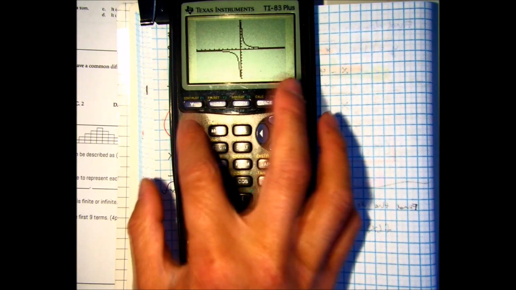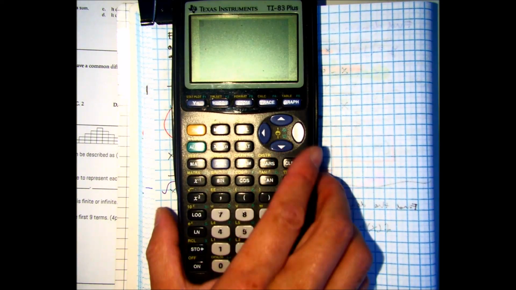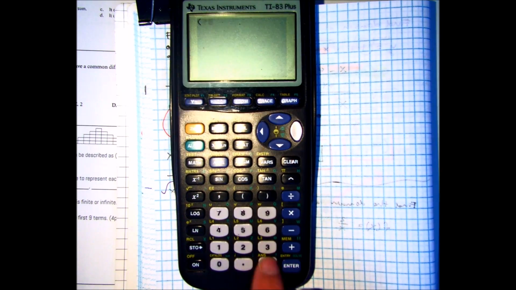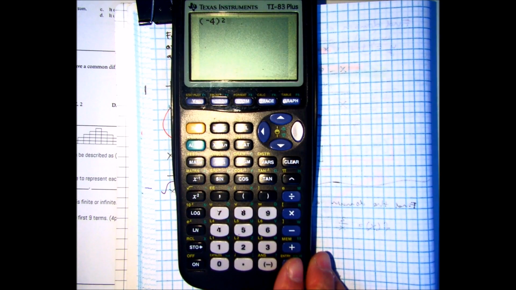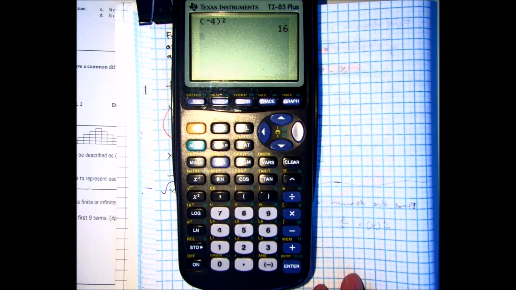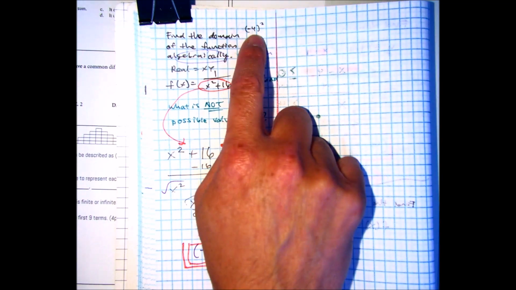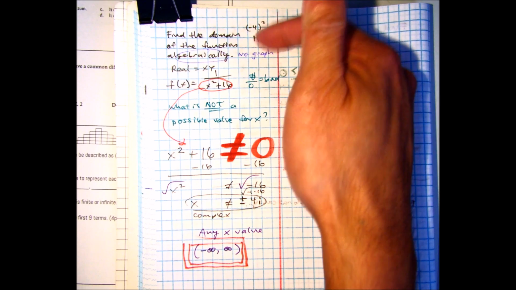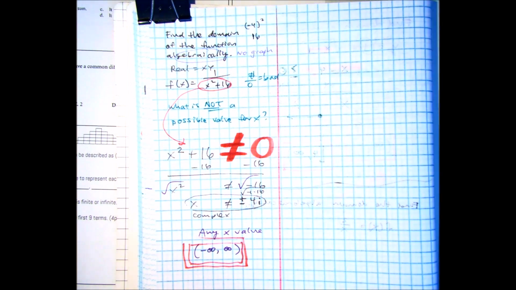I only emphasize it because I saw multiple students miss this. This is not negative 16, because a student who doesn't understand even the basics of that is probably going to say x cannot equal negative 4.